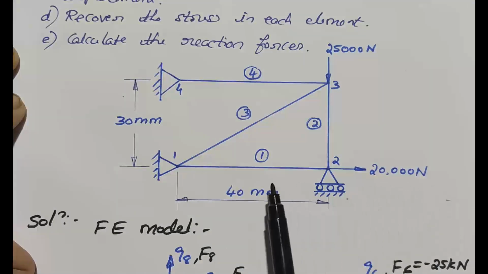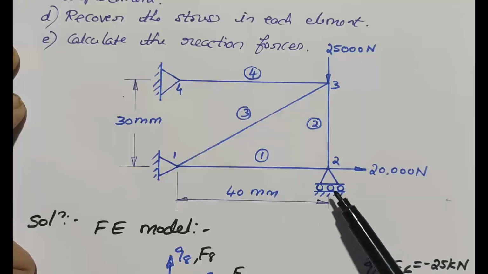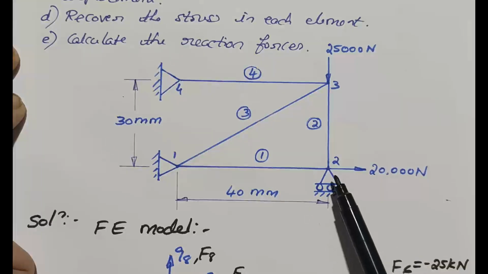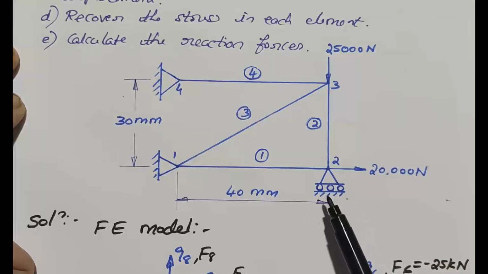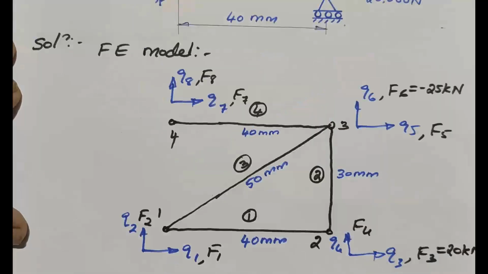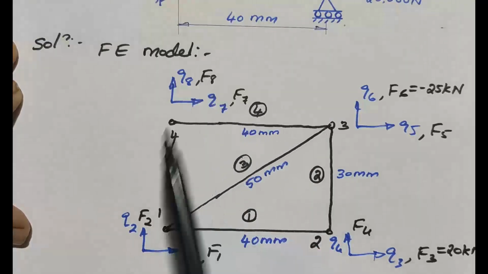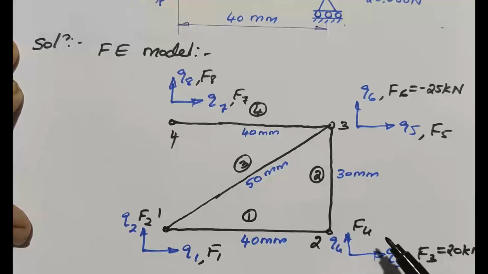Therefore, the reaction in x direction will be 0, but you have to find out the reaction in y direction because there is no displacement in y direction for node number 2. Therefore, here you have to find out the support reaction in y direction only. If you see the FE model, node number 1 is fixed, therefore you have to find out R1, R2. Similarly, node number 4 is fixed, you have to find out R7, R8. But node number 2 is on roller support, so you have to find out R4 only, because there is no movement in y direction. There is no reaction in x direction because it is on roller support and can move in x direction.